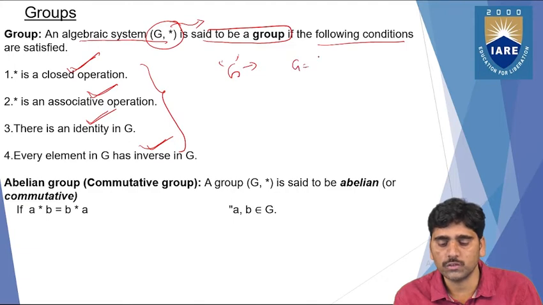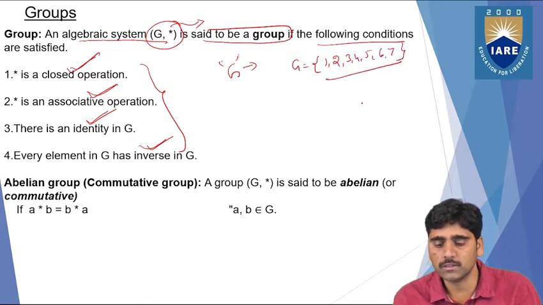So G equals {1, 2, 3, 4, 5, 6, 7}. These are all the elements, the values that this group contains. If the group has these types of elements, then you can say that G is a finite group.